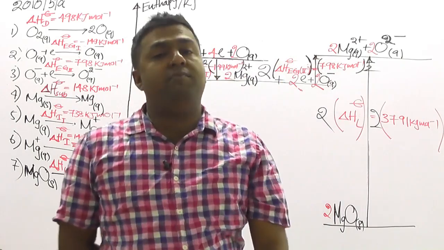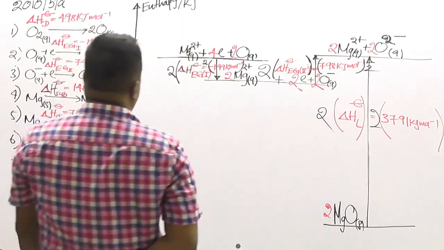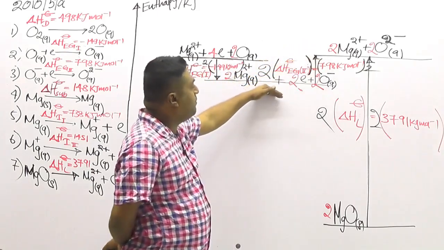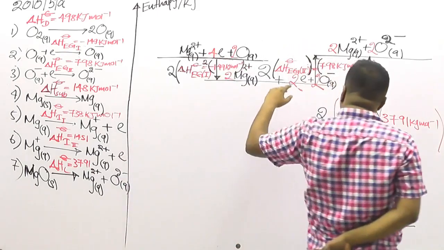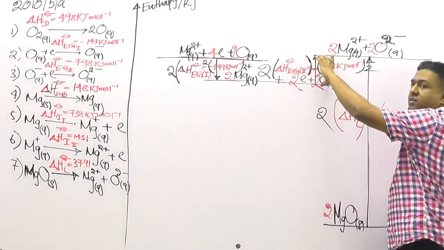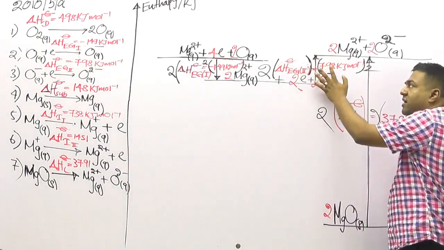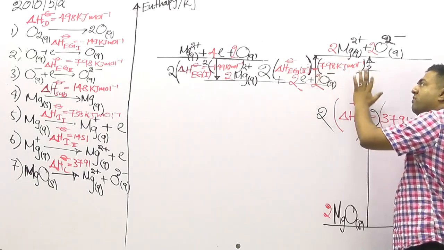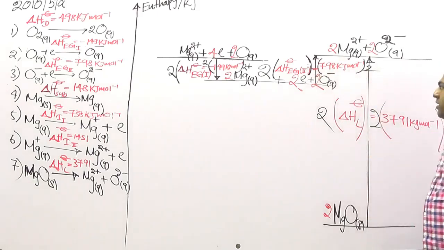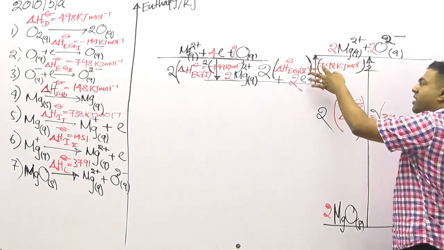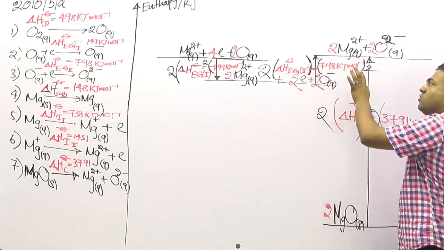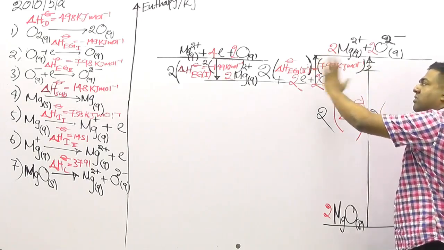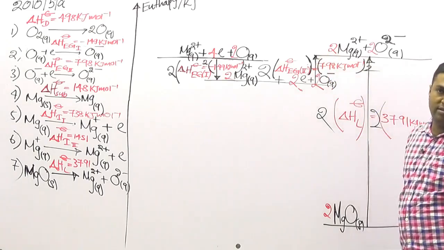Why is the enthalpy value in between this and this? Because what is the energy difference here? That is 798 kilojoules per mole, twice of that. Right? The energy difference here is 798 kilojoules per mole and twice of that. The difference is 1500. Okay?